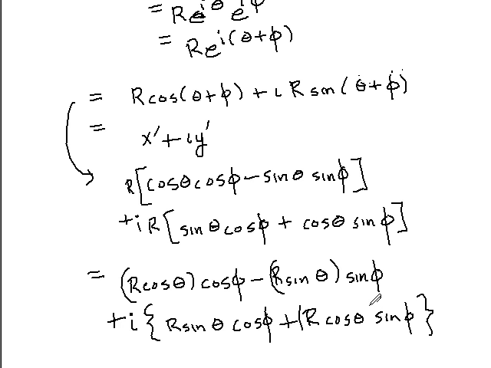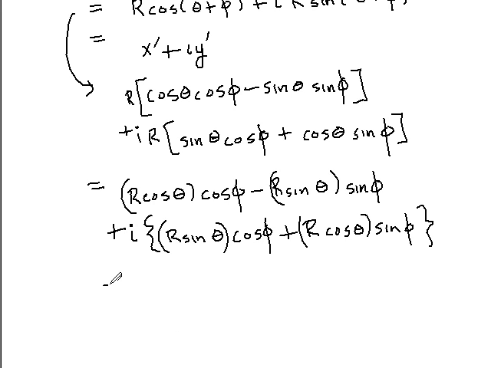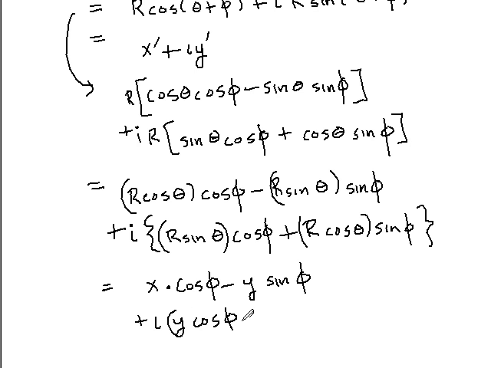Okay, now what does that buy us? Well, remember, r sine and r cosine are my original x and y values. So this r cosine theta is x, r sine theta is y, and then plus i, r sine theta is y, plus x, r cosine theta is x sine phi. So this is your rotation here.